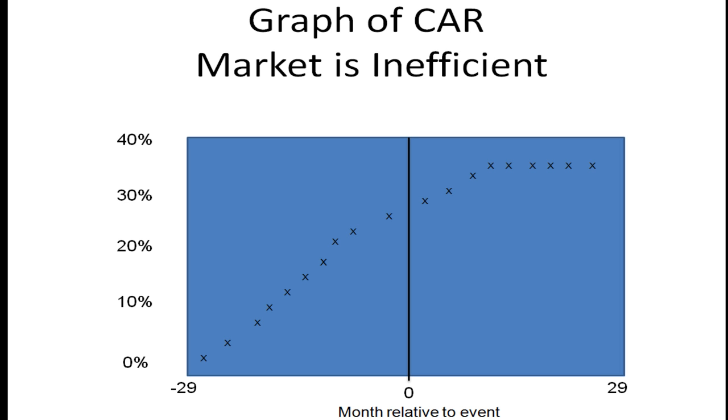Lots of studies have been done on event studies, the original was done by Fama, Fisher, Jensen, and Roll, looking at stock splits, but they've been done on all kinds of different events, such as merger announcements and earnings announcements, and we're interested in seeing, again, how the market reacts to these.